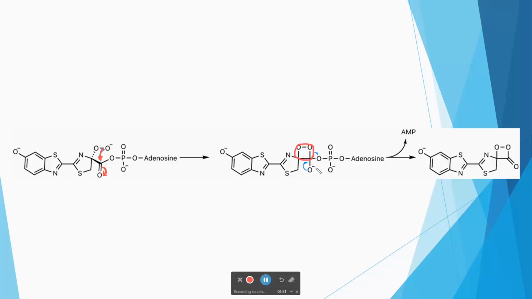So to complete the nucleophilic acyl substitution, this tetrahedral sets up a perfect opportunity to kick off the AMP leaving group by just pushing the electrons back down into the luciferin molecule, into the tetrahedral, and kicking off this favorable AMP leaving group, which leaves us with an alpha peroxylactone, which is actually a high energy intermediate called a dioxetanone, and it's a conserved motif across several chemiluminescent systems.